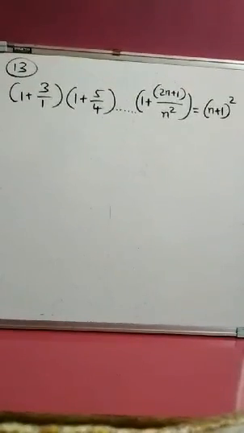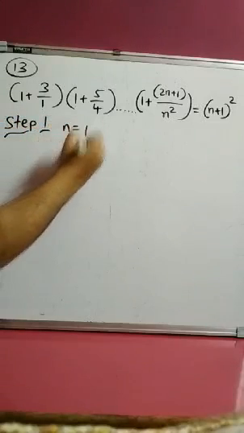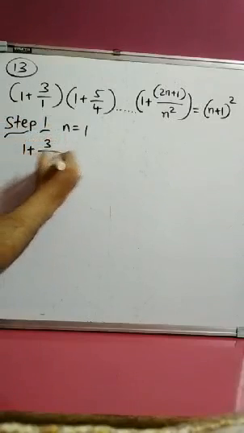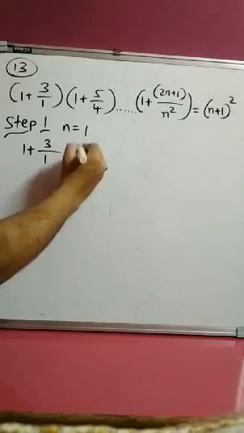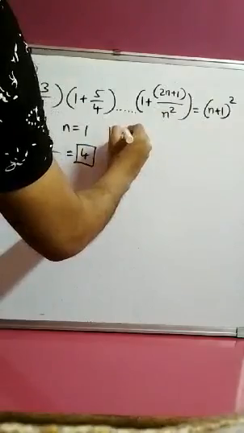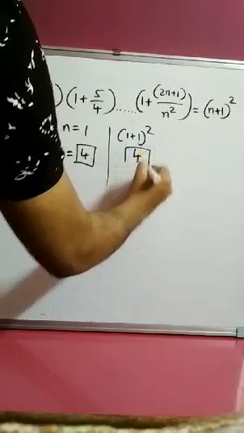So here also we will use same method. Step 1, n equal to 1, 1 plus 2 plus 1, 3 by 1 square, 1, 1 plus 3 that is 4. Same way here, 1 plus 1 whole square, 2 square is 4.